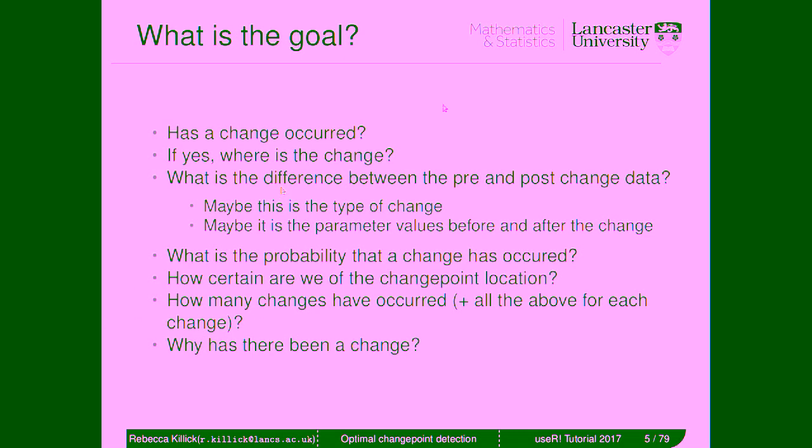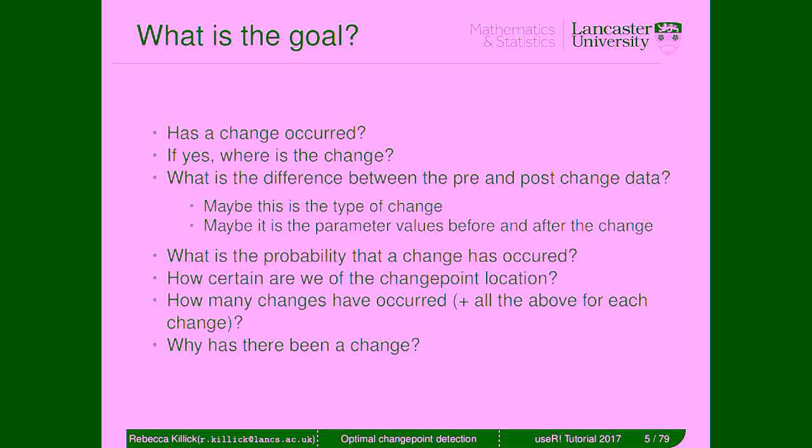And it could even be the type of change: I know a change has occurred, I don't necessarily need to know what the parameter values are, but I do need to know whether it's a mean change or a variance change, for example. You may also want to know what's the probability that a change point has occurred. So that's getting into the p-value type side of it.